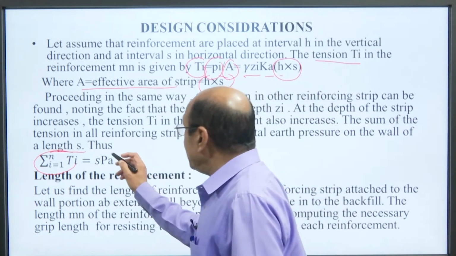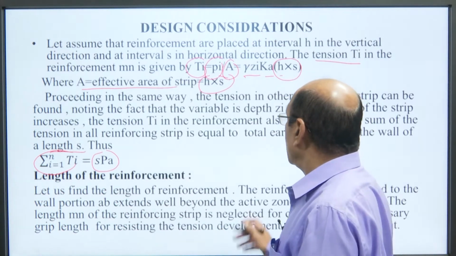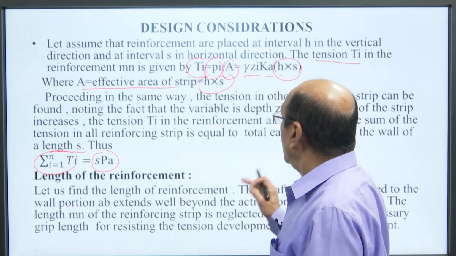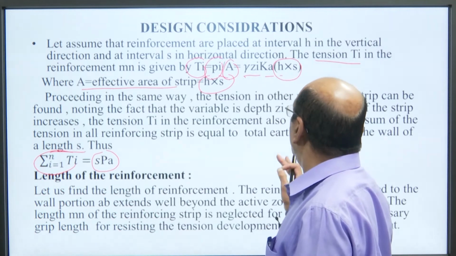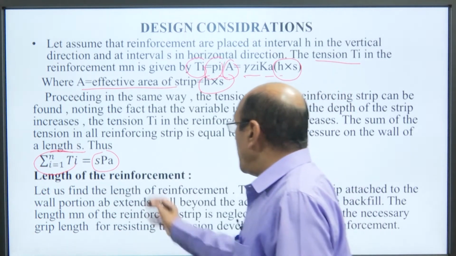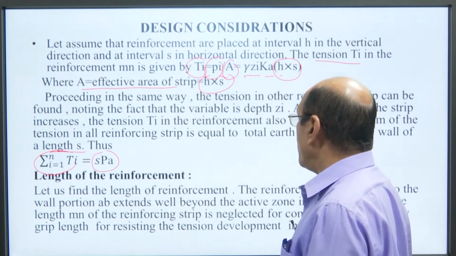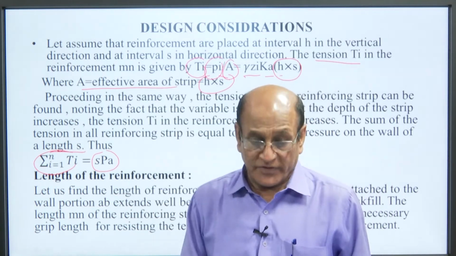So, we can write it like S P_A, where S is the distance between the strips.